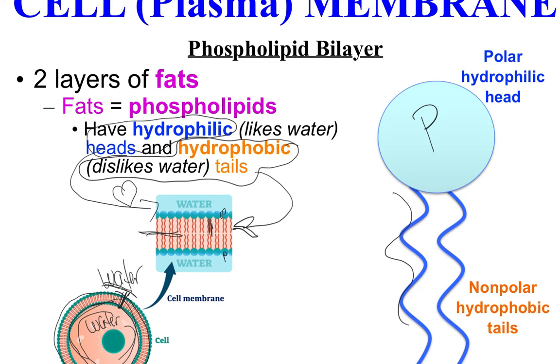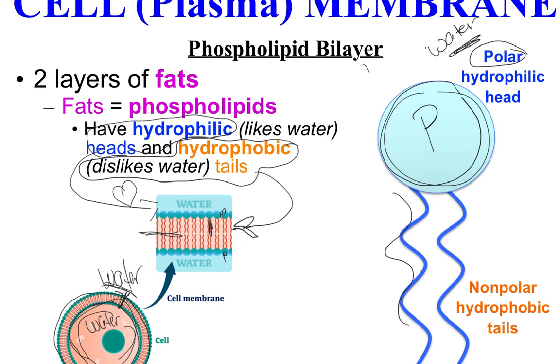Now, if you can remember, the head part of this phospholipid is polar. Polar things, like water, which is also polar, will interact with other polar things. Hence the reason that this guy right here likes to interact with water.